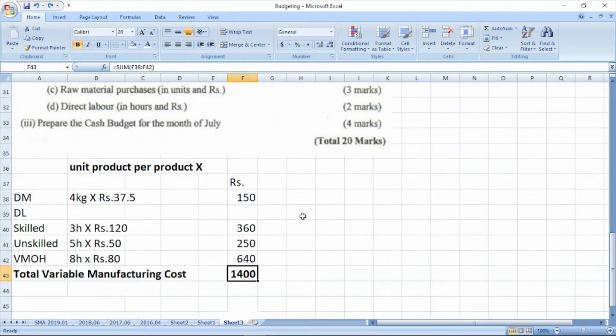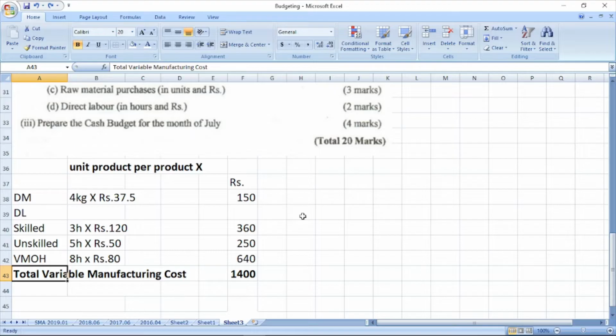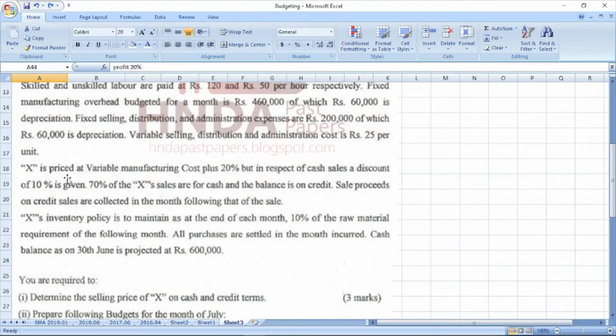What do they say next? The price is variable manufacturing cost plus 20% profit on the cost.